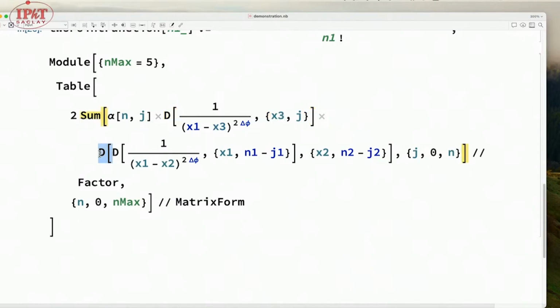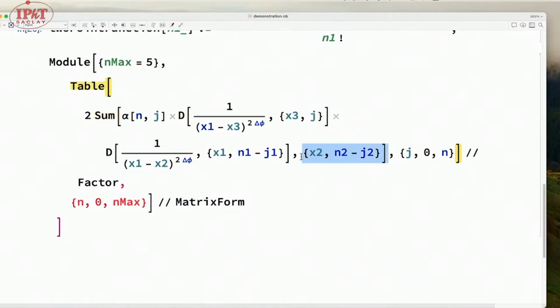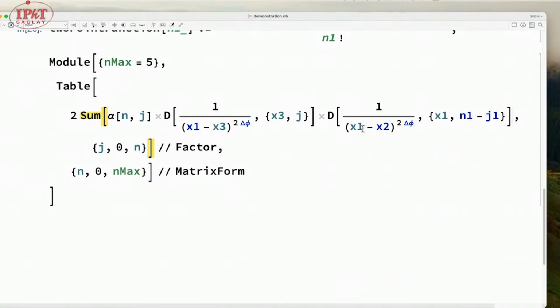And then the other 2-point function is a 2-point phi between x2 and x3, which is differentiated minus j times with respect to x. And there's also a factor of 2 in this case because we can permute again. We can just choose which of the two phi's on the double trace operator we contract with.